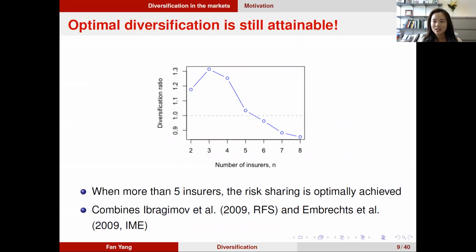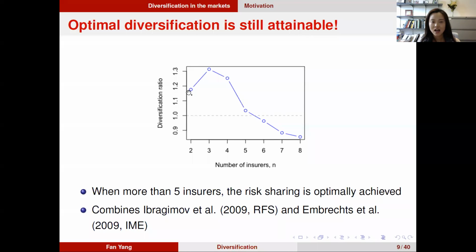But actually, in our study, in the simplified model, we can show that the optimal diversification is still attainable. Here is a quick preview of the result. On this graph, the diversification ratio, DR, is on the y-axis, and on the x-axis is the number of insurers, meaning how many insurers are sharing the risk.